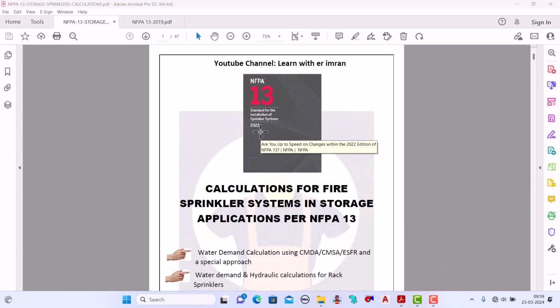See, everyone knows about light hazards, ordinary hazards 1 and 2, and extra hazard 1 and 2, and their calculation. But the storage type sprinkler is different from this type of occupancies.